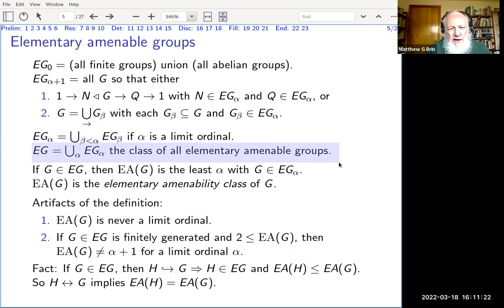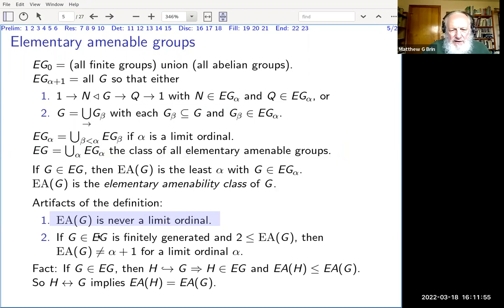If you have an elementary amenable group, then there's its elementary amenability class. I will never repeat that phrase. The EA class is the first class where it shows up. It's the least ordinal where the group shows up in EG alpha. EA of G is never a limit ordinal because no new group is ever introduced when you have a limit ordinal as the subscript.